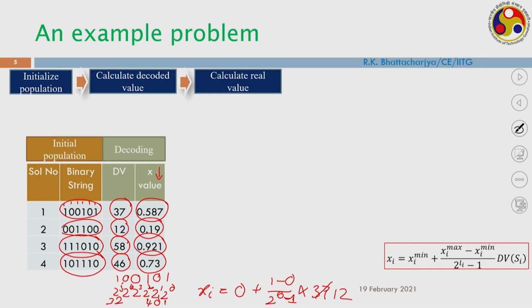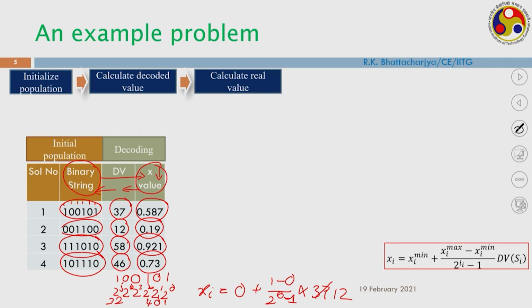So, you generate this randomly. What we are doing here is we have generated the binary string, then found the decoded value and then the x value. Otherwise, you generate the x value randomly, then find the decoded value, and then you calculate the binary string.